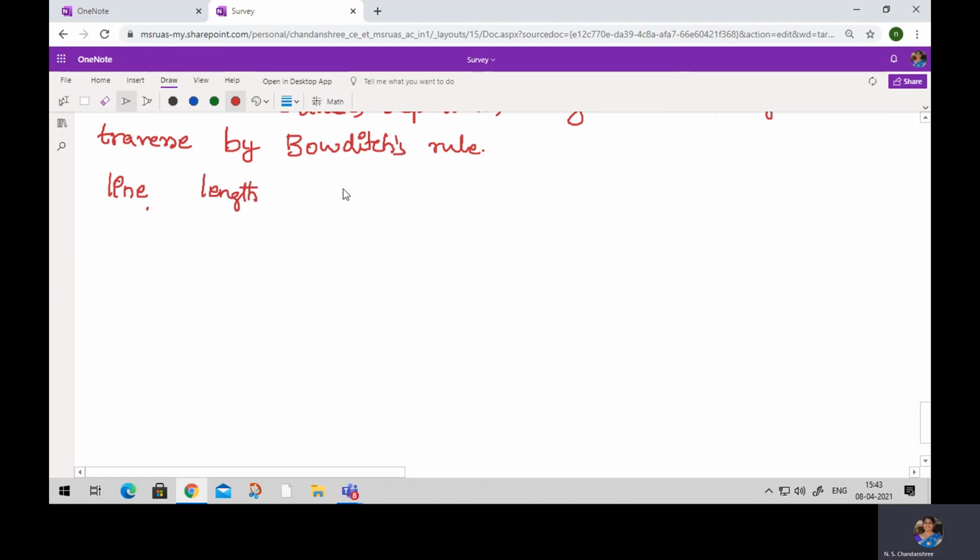in meters. Then we have whole circle bearing values. Then we have reduced bearing values. So first we'll write down the question. The line is AB. Length of the line is 89.31 meters. Whole circle bearing is 45 degrees 10 minutes.